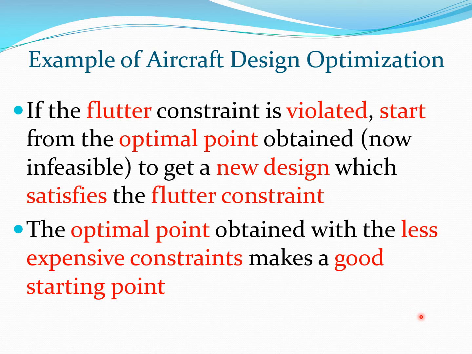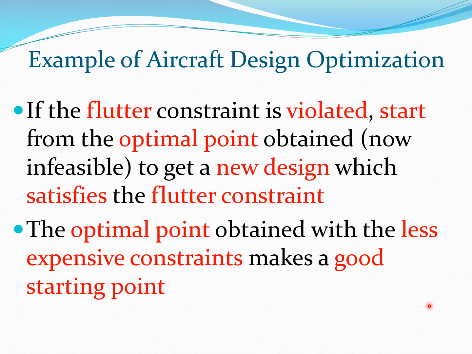Now, in that case, mathematically speaking, you can use the optimal point which you obtained while you did not consider flutter as a constraint as a new starting design x0 to solve a problem where you have now put flutter as a constraint. So essentially you redo the optimization problem, you add flutter as a constraint, and instead of starting with the first design which you had, you start with the converged design from the case with the truncated constraint set.